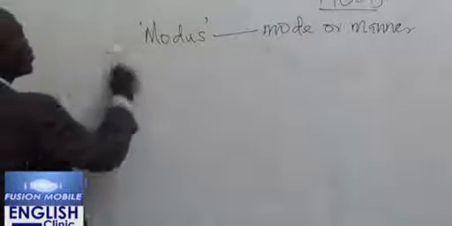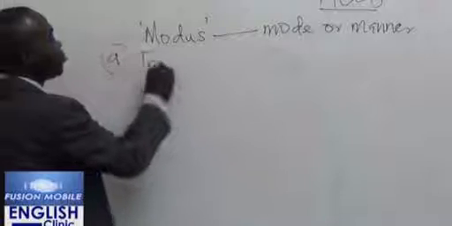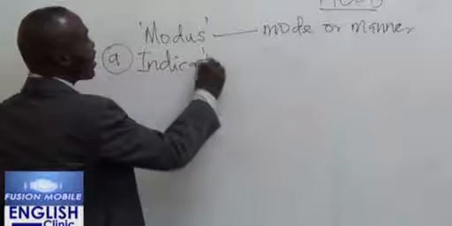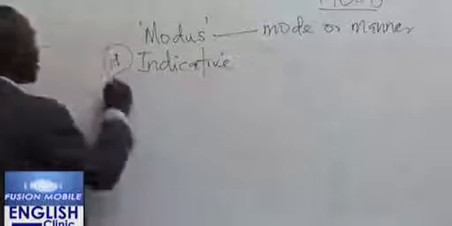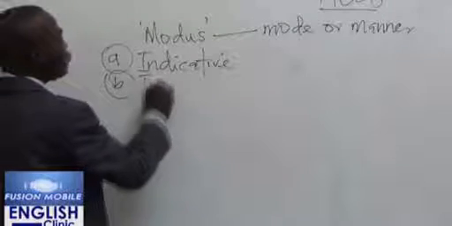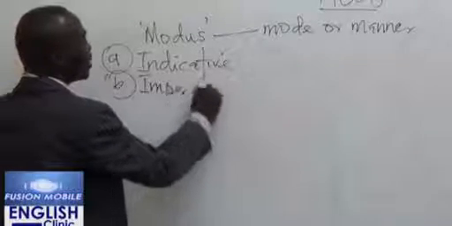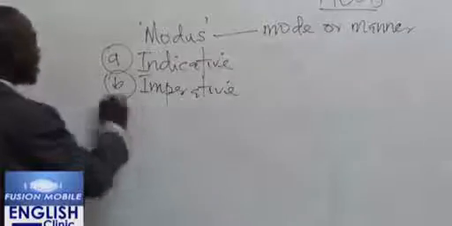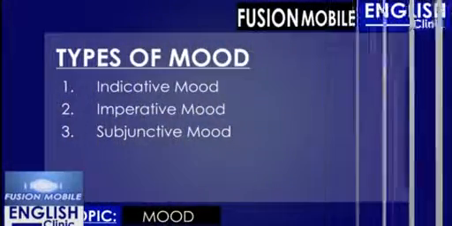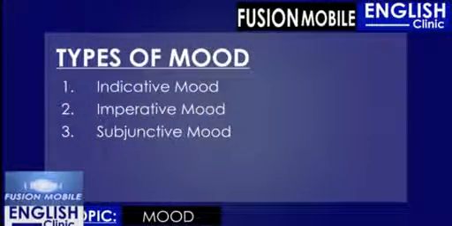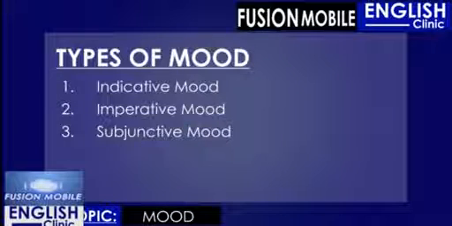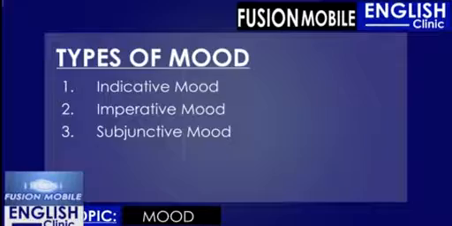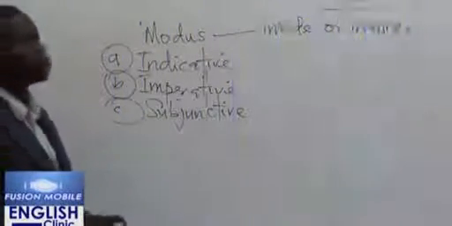The first is called the indicative mood. The second is called the imperative mood, while the third is called the subjunctive mood.